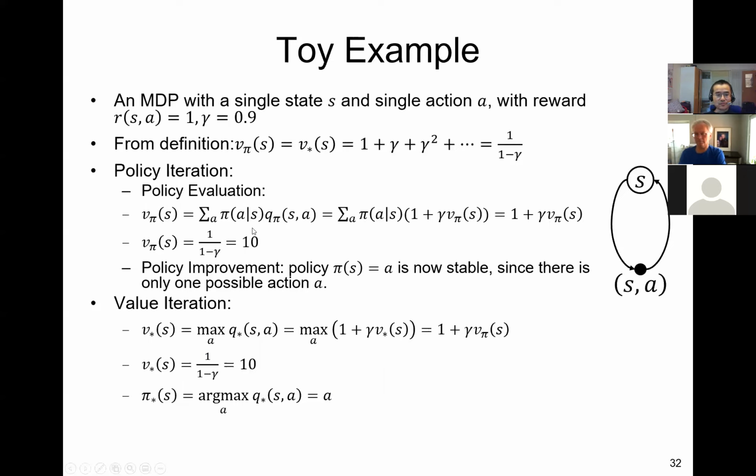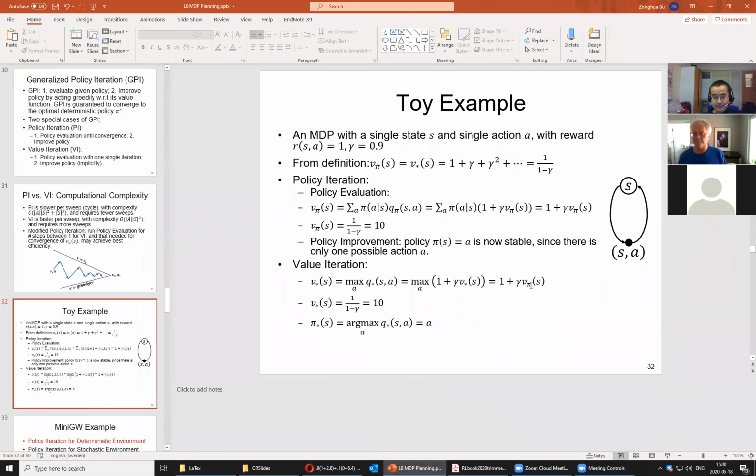In policy improvement, the policy is already stable because there is only one possible action. There are no other choices. For value iteration, you can plug in the max A. By definition, Q is equal to 1 plus gamma V, and there's only one A, so you have 1 plus gamma V star, which equals 10.